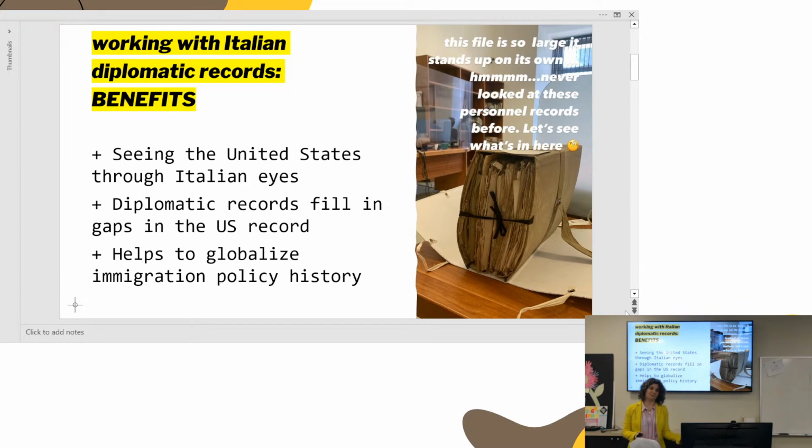How were they processed? What about the people who objected to their exclusion and went through a process where their case could actually be heard? We don't have any of those records because they were burned. But we do have insights from the Italian government because they were watching, keeping track, talking about cases, clipping news articles, as we'll see. So it fills in what is literally a hole in the U.S. record.